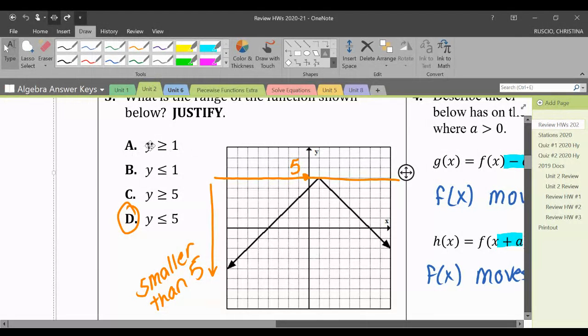So what this means is all of my y values are smaller than or equal to 5. If it had been answer choice C, the V would have been pointing up here somewhere.